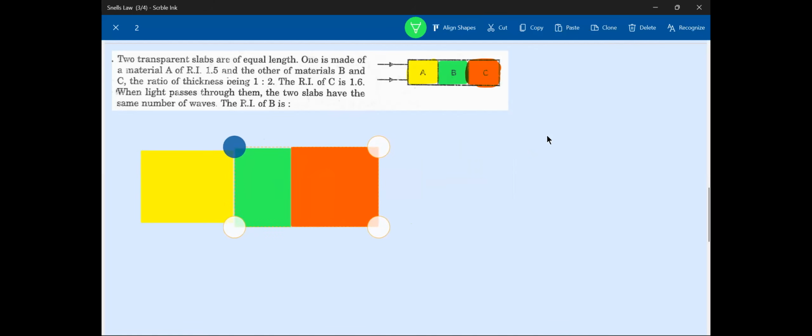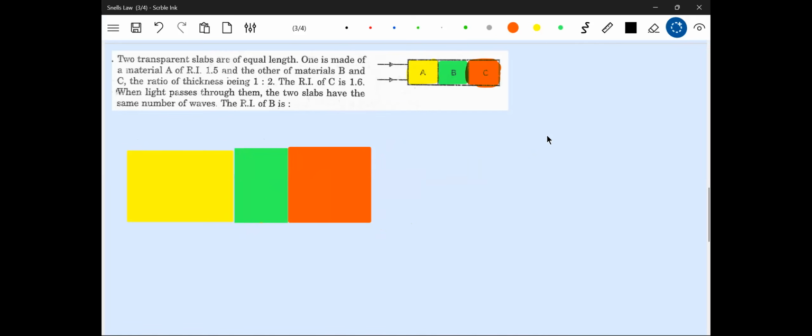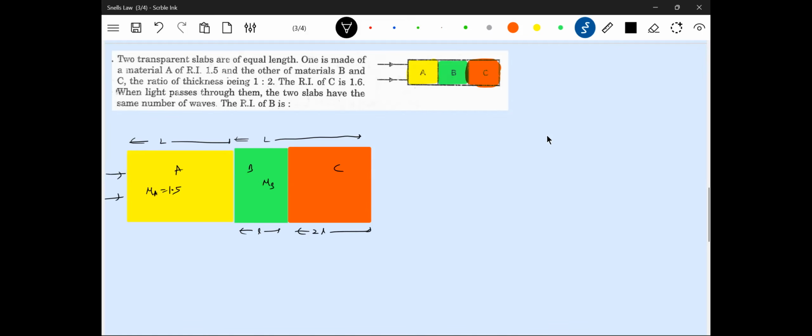Based on the question, I modified it. So this length is going to be the same. Then this length is L, this is 2L. If you read the question, there's A, there's B, and the light will propagate here. The refractive index of this is mu A 1.5, mu B we don't know, mu C is equal to 1.6.